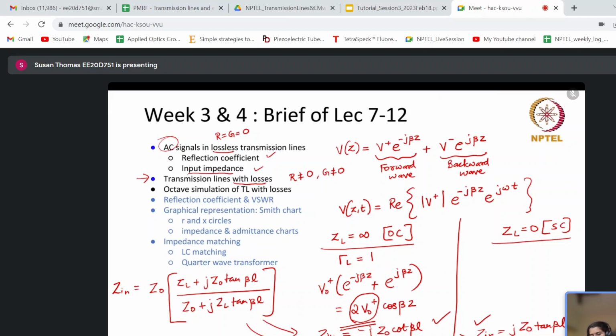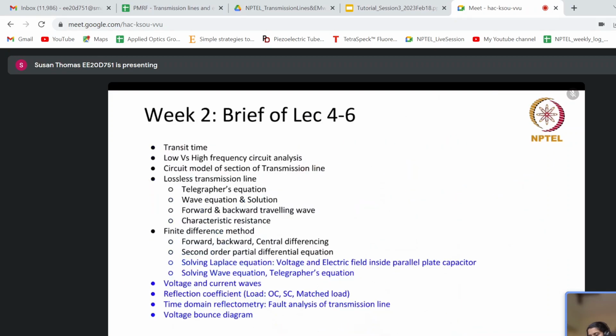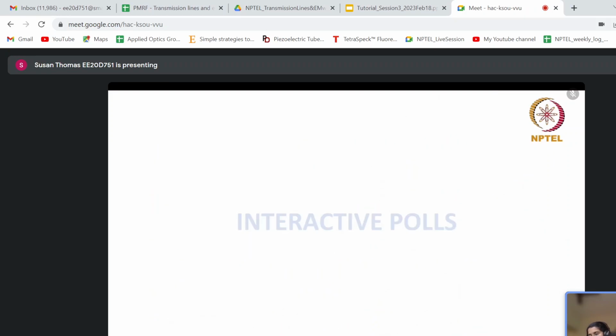So in case of a transmission line with losses, the solution of the wave equation becomes V of z is equal to V plus e raised to minus gamma z plus V minus e raised to gamma z, where this is the forward wave and this is the backward wave.